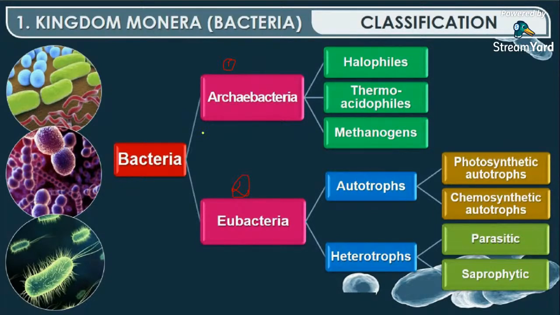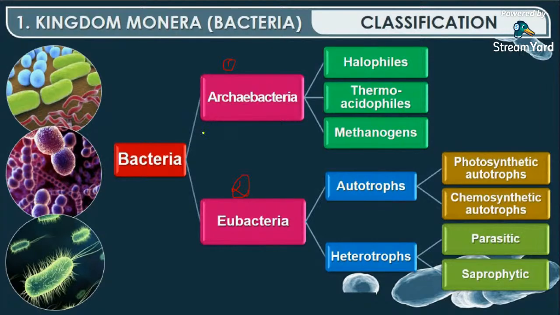So now we are moving on to the classification of kingdom Monera. Bacteria can be classified into two: archaebacteria and eubacteria. Archaebacteria have an incipient nucleus.